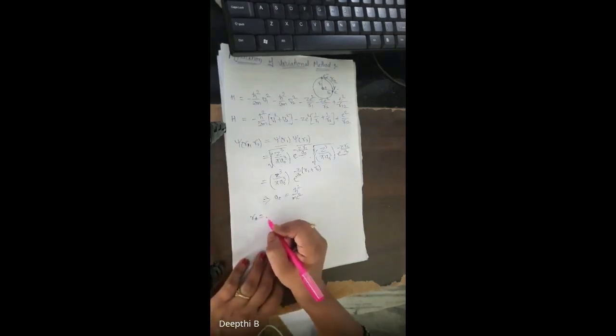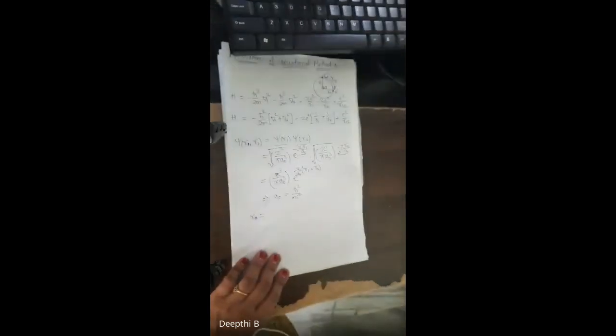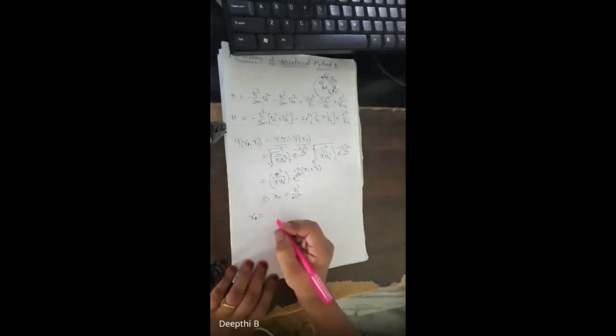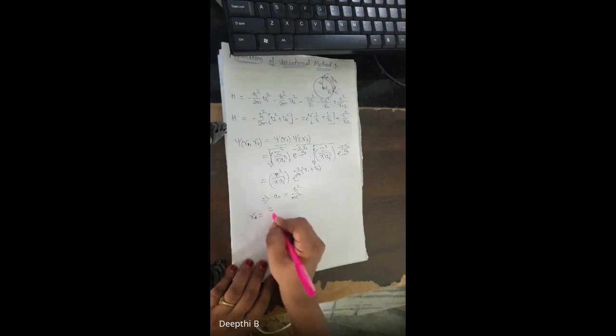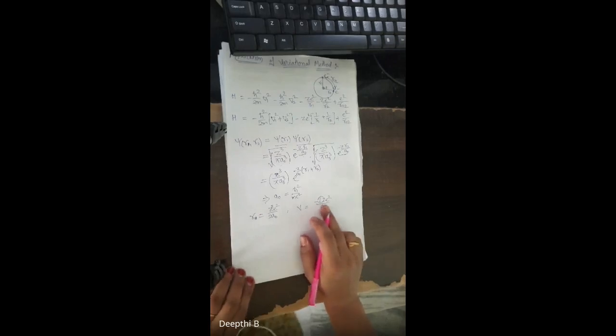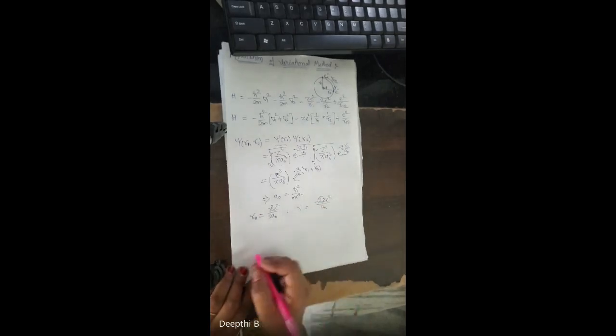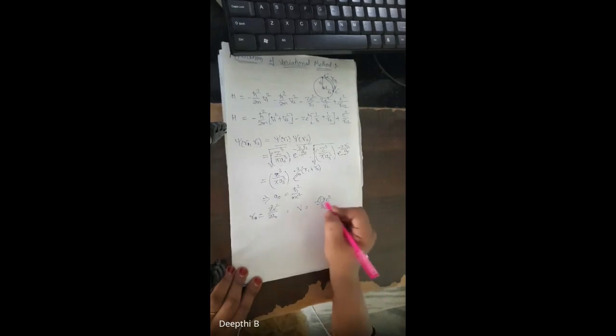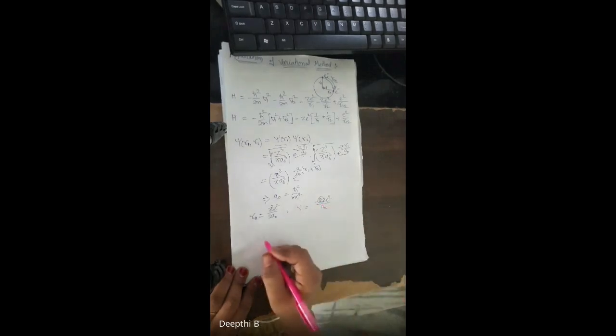now total energy we have to calculate, which is kinetic energy plus potential energy. So first, R is equal to Z square e square by 2 a naught. V is equal to minus 2 Z square by a naught, because there are 2 electrons now, so for potential energy we have to multiply by 2.